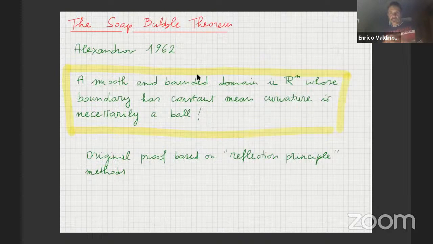With all this material in hand, we were able to prove the Serrin-type bubble theorem. If you have a smooth and bounded domain in R^n whose boundary has constant mean curvature, then it is necessarily a ball. The proof we gave was based on a bunch of integral identities deduced basically from our analysis of the Laplace-Beltrami operator.